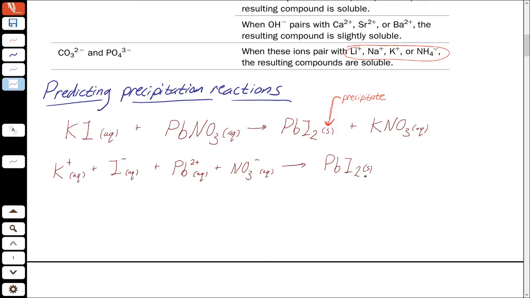And so that's going to form rather than those ions staying dissolved in solution. But we said also that the potassium and the nitrate are still going to stay in solution because potassium nitrate is not a precipitate. So our other products here, if we're breaking it out into all the ions, are still potassium and nitrate in solution.